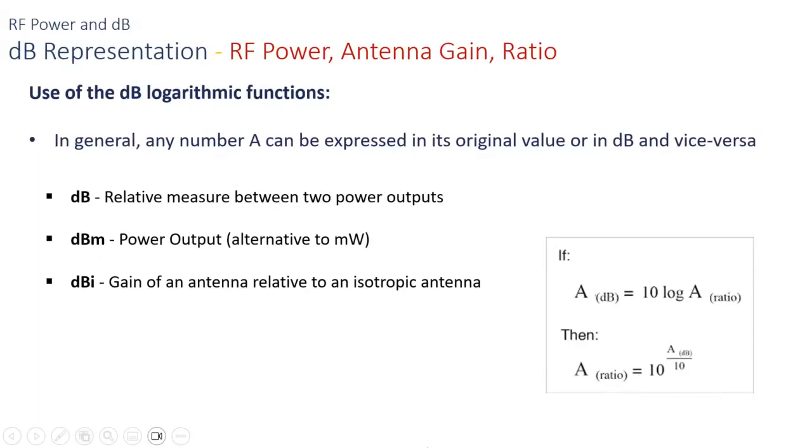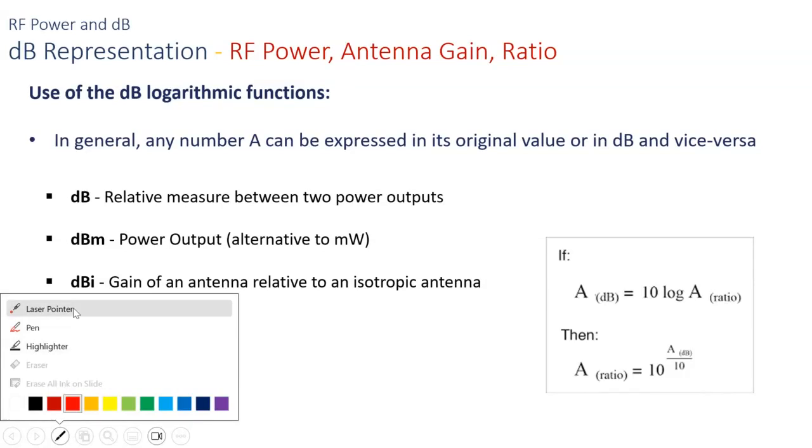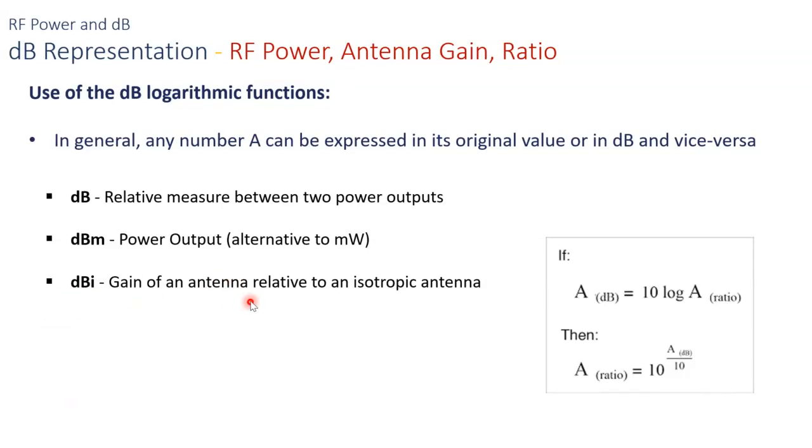So I'm finding the gain of the antenna in comparison to the isotropic antenna. We said the isotropic antenna is an imaginary antenna that does not physically exist, but it has a spherical shape, and it is a reference point because its gain is zero.